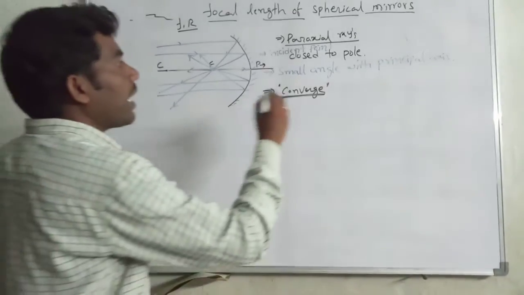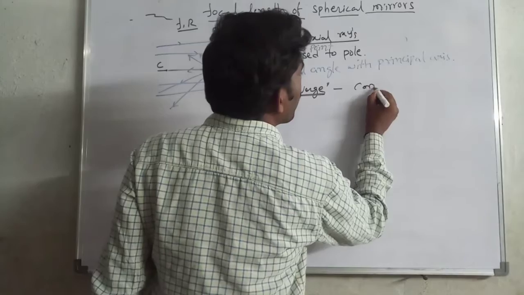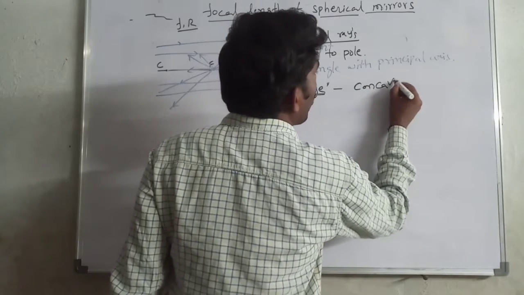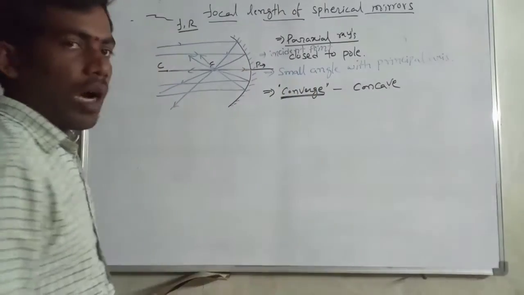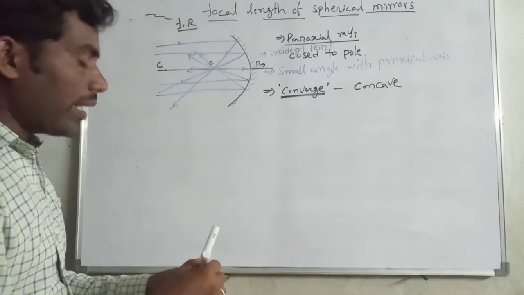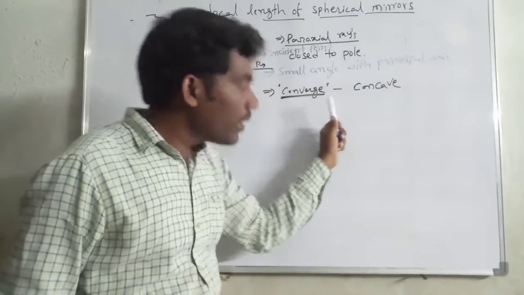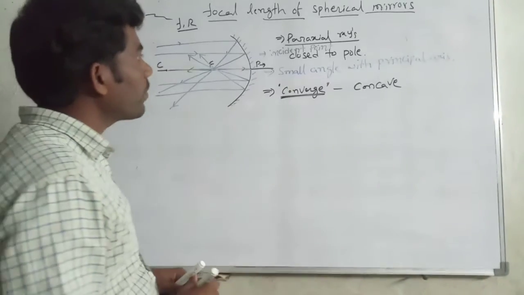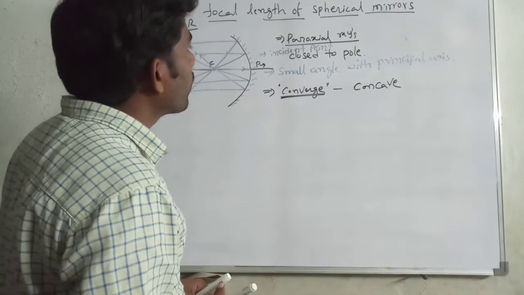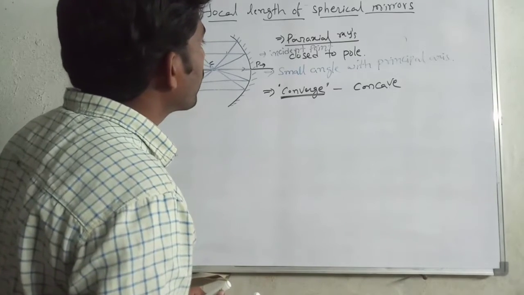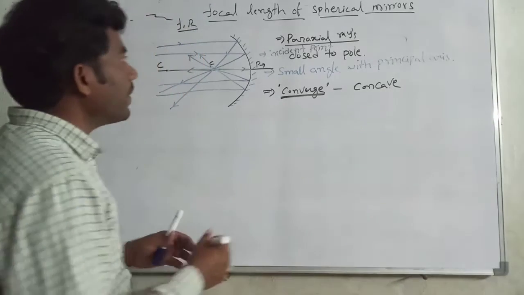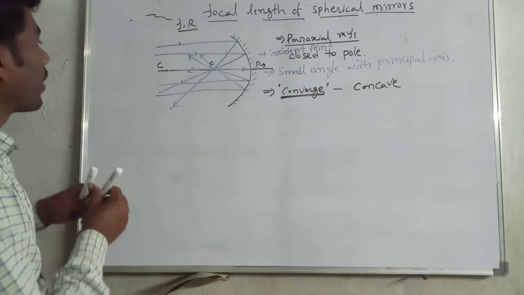It means the concave mirror, after reflection, makes the rays converge. Then this is the concave mirror.